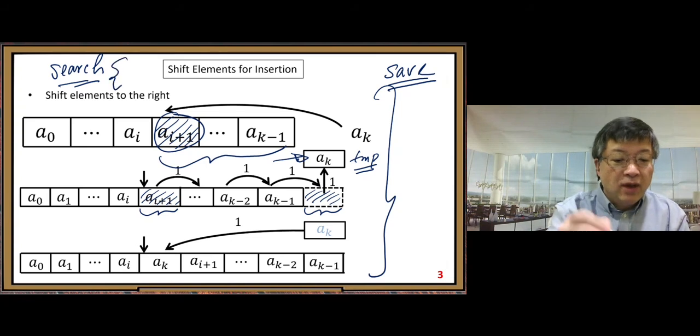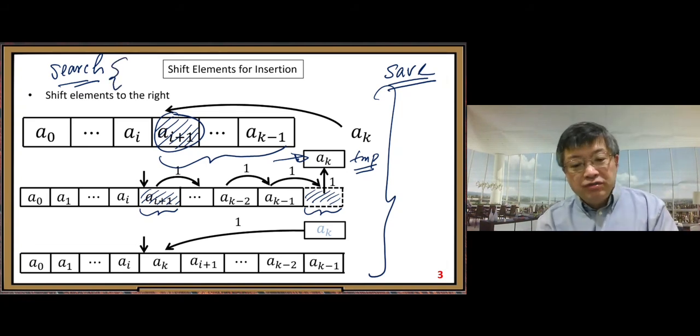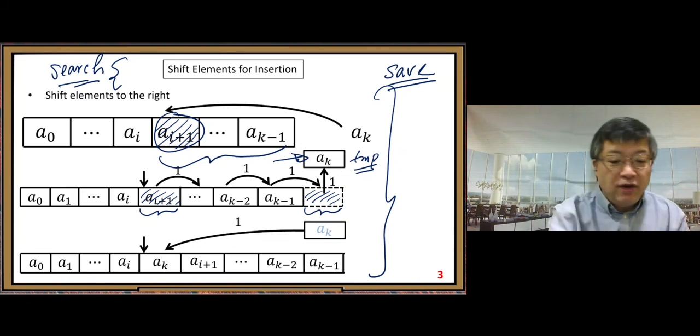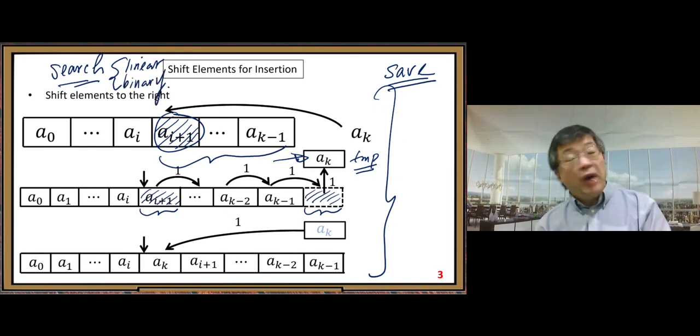Regarding the search step, there are two ways to do it. The first way, linear search. The second way, binary search. We haven't learned binary search in this class. We will learn it soon, because it is very important.